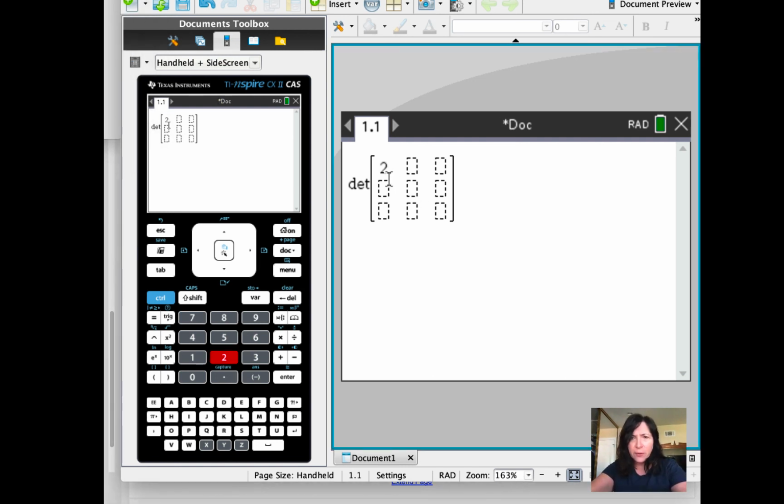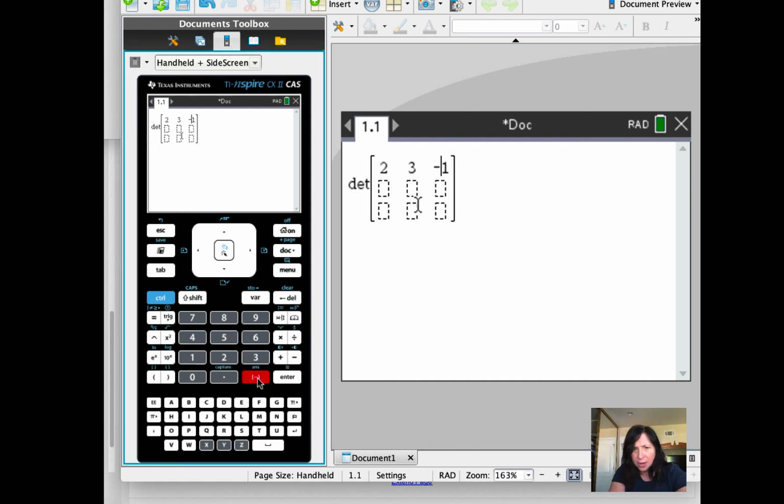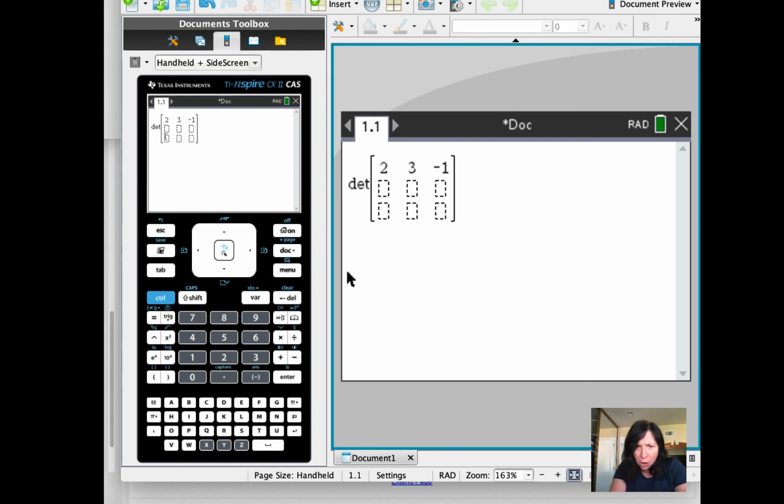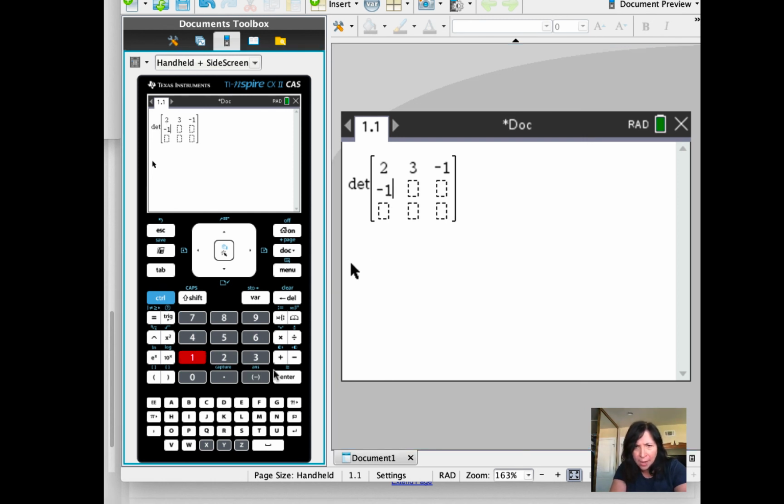So I'm going to plug these values in. I've got 2, 3, -1. And it's a little bit tricky because, see this negative sign? Make sure that you're using the negative sign down there. Okay, so this one is also -1.